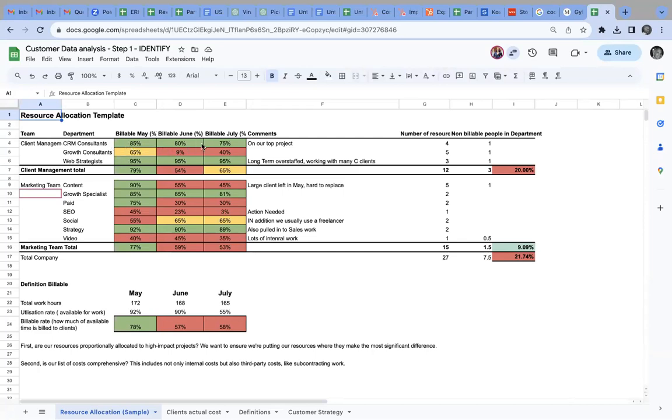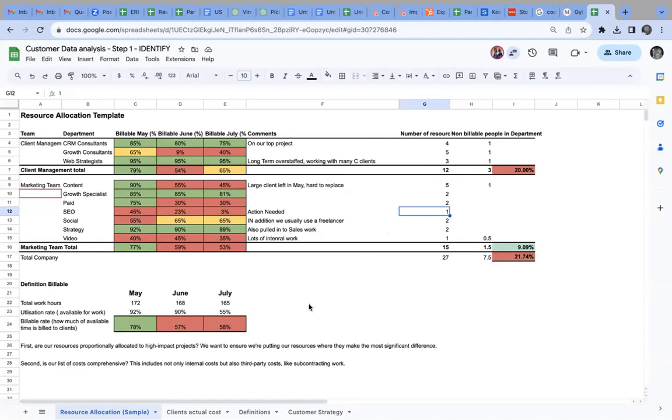If it's longer term, like in this example I've done, let's say in this case it's an SEO, constantly has low billability. So of course that requires some action, and then you can also put the number, how many physical people do we have on our total staff? So how much does that represent, in order to see what number is billable. And also you might have team leads or non-billable people managing a bigger group. So that should also be highlighted to say, what is a good billable to non-billable ratio to work with.